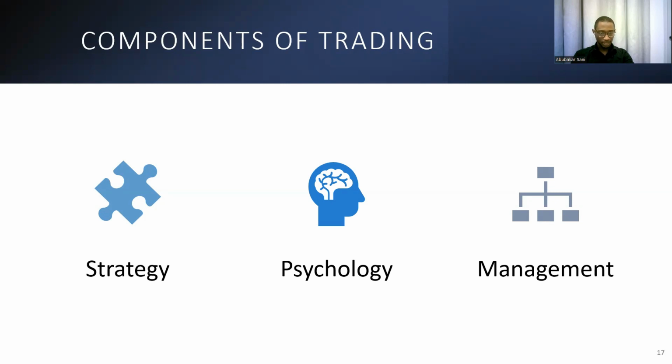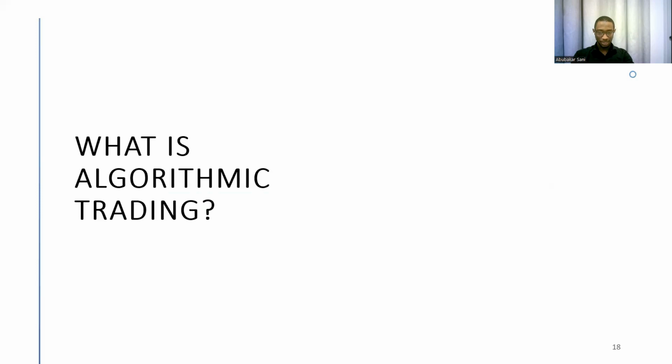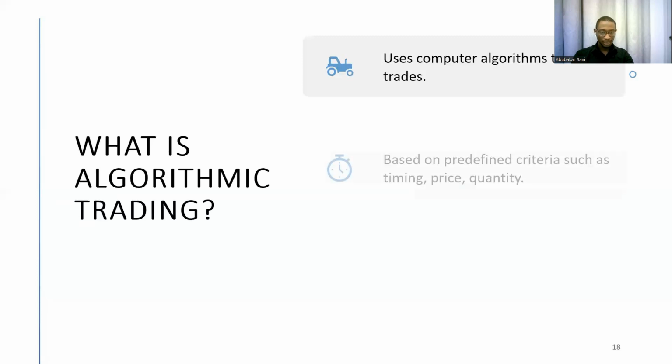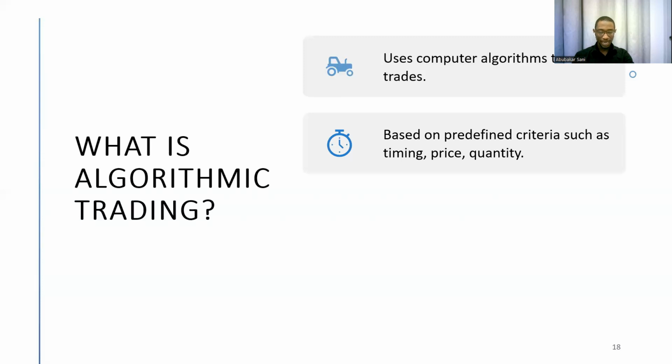And the point is, how will algorithmic trading help? How will computers help? How will machines help us in this regard? If you use computers to execute trades, that is called algorithmic trading. And one of the ways that it can help you is to, for example, determine when to buy a particular asset.